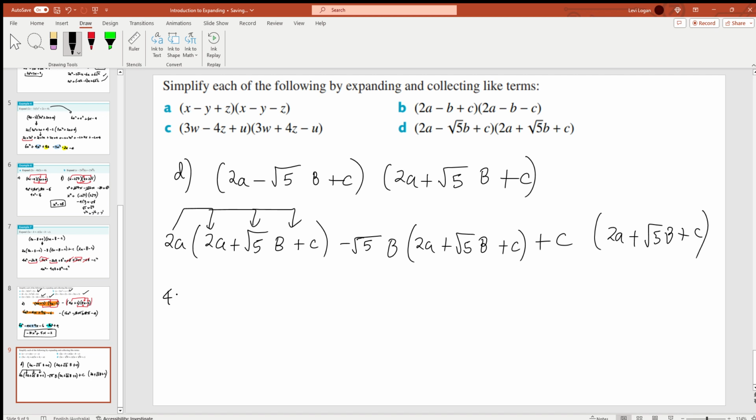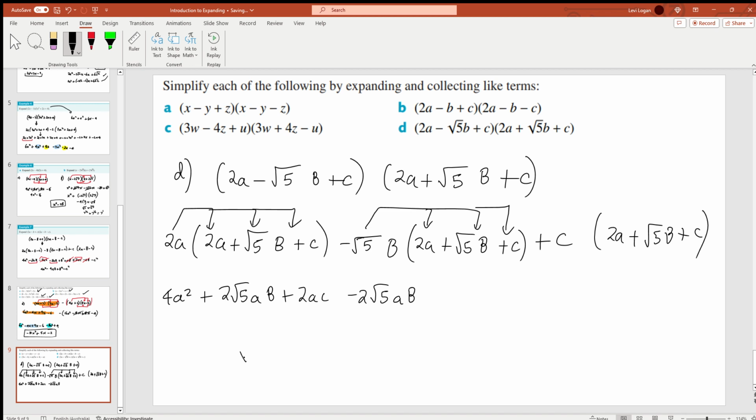So it's going to be 4a squared plus, now the 2 times the square root of 5, we can't really evaluate that, so we have to leave it as 2 root 5. So what this is going to be is 2 root 5 ab, or ba, doesn't really matter. Okay? Then it's going to be plus 2ac, and then we're going to do the same thing here, that to that, to that, to that. So it's going to be minus 2 root 5 ab.